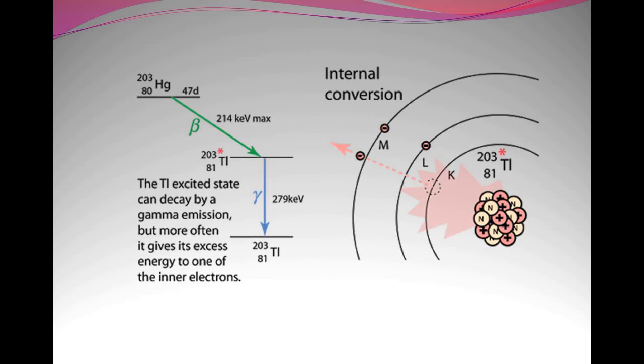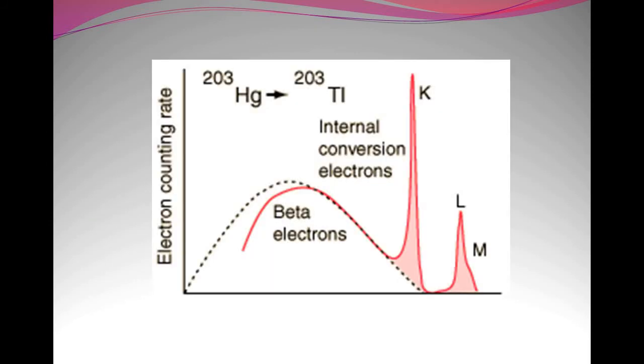So the energy spectrum of electrons generated from beta spectrum and internal conversion, they superimpose like this. This we have already drawn, and this is the beta, and on that our internal conversion electrons also merge. So like this.